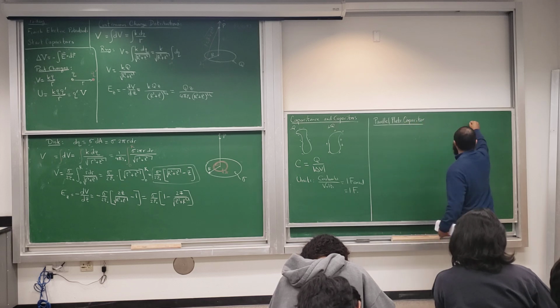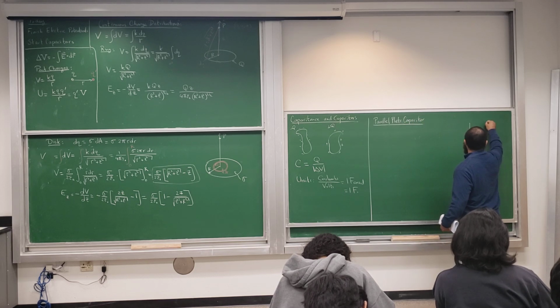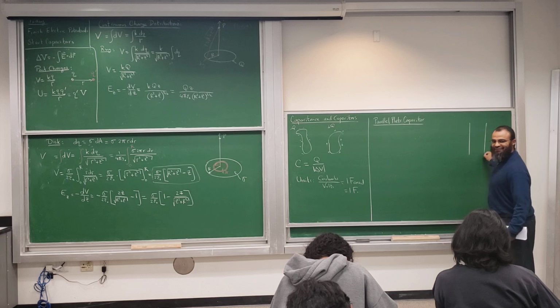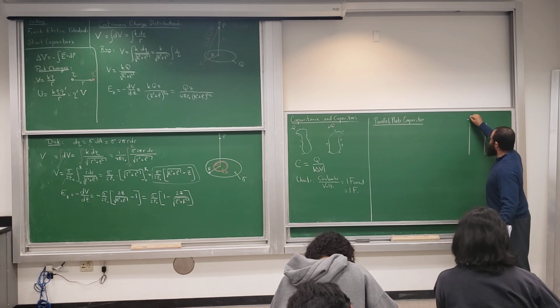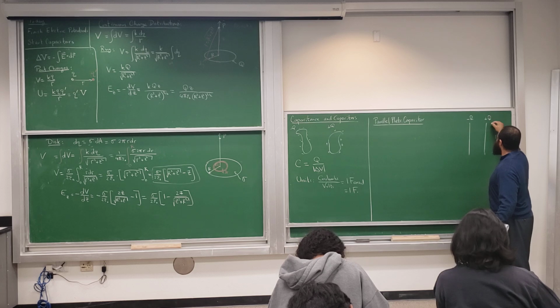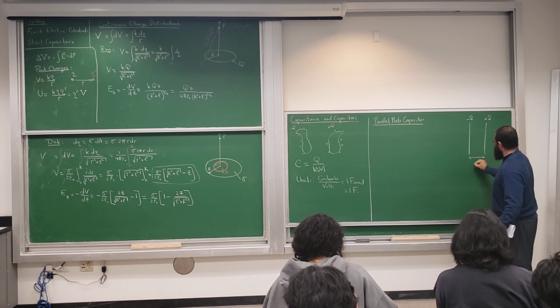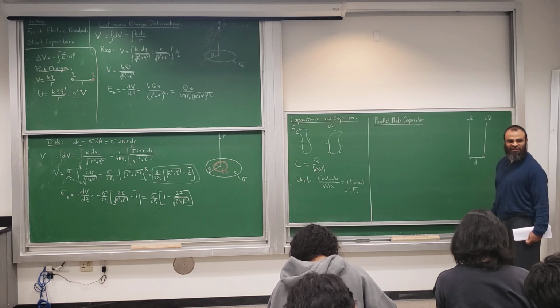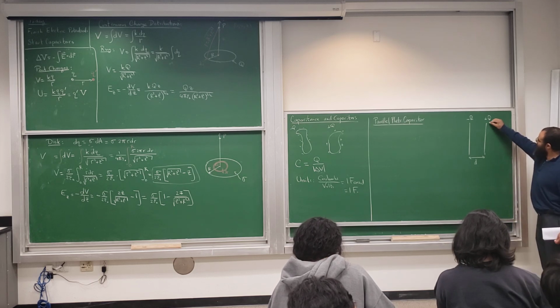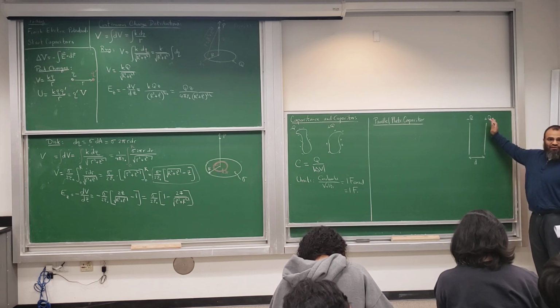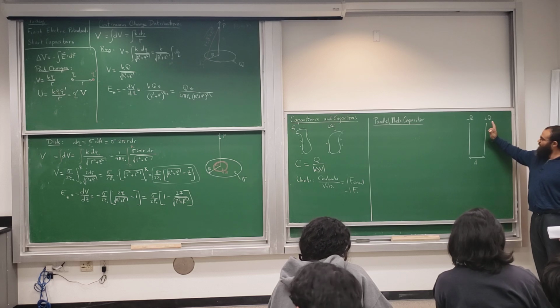It looks like this. You have a plate here and another plate here. This plate has a negative charge. This plate here has positive charge. And the distance between the plates is d, right?